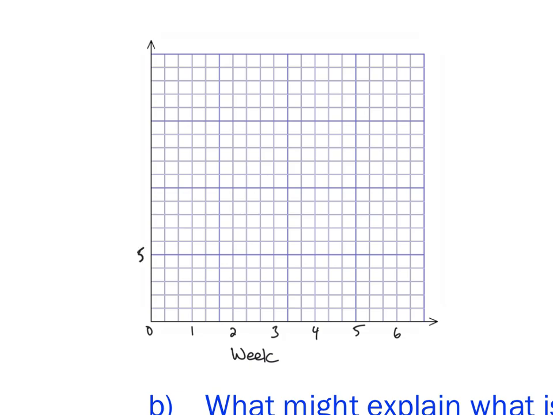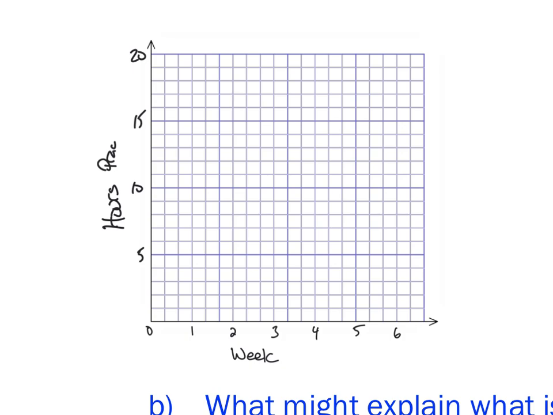So I'm just going to go 5, 10, 15, 20. And I'm not going to write down each number because that will take up too much time and it's going to look cluttered. But every grid square represents 1 hour, okay? So this represents the hours that Chloe practices.